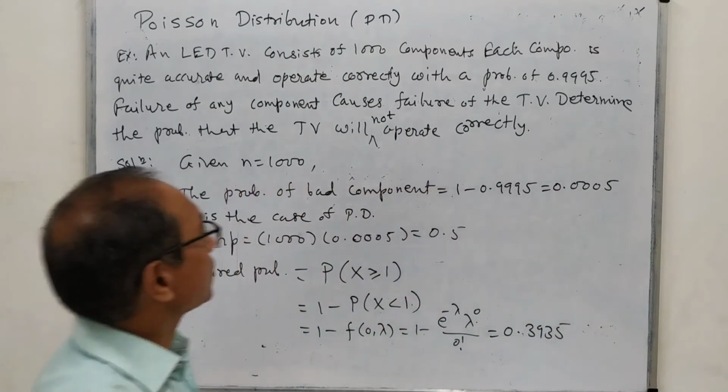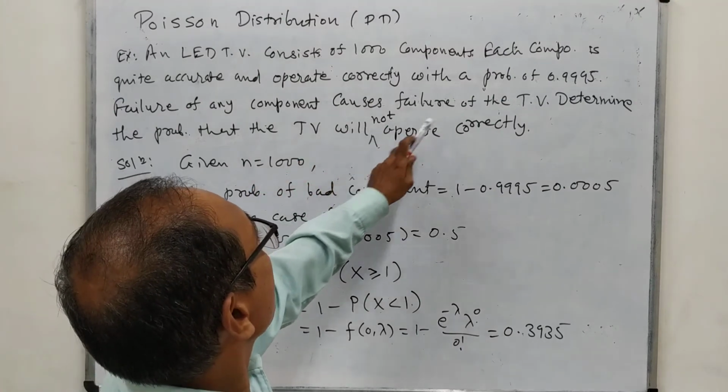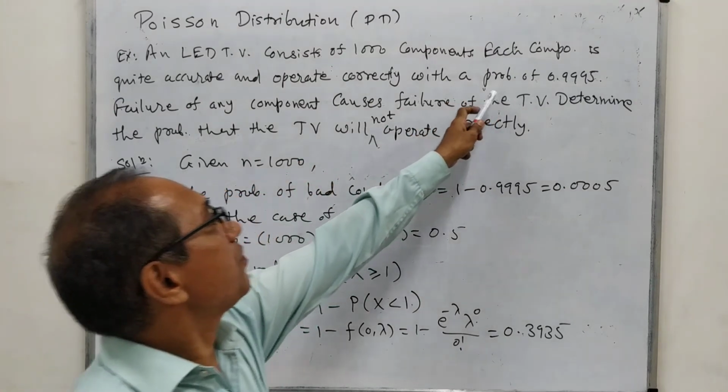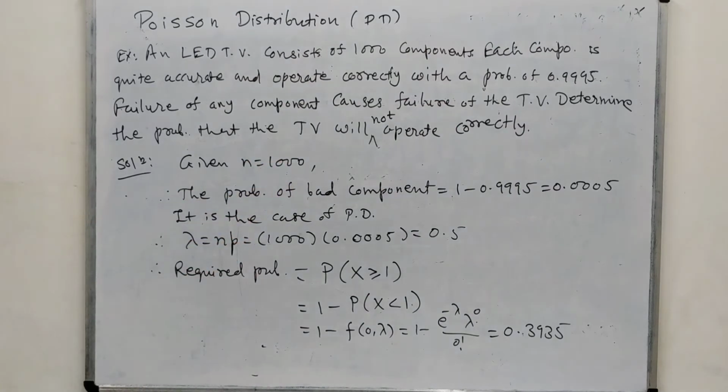This is the required answer. So the answer is very simple, but you should be careful: the TV will not operate, and the given probability is the probability of accuracy, so we go to the opposite side. That means we find the probability of non-accuracy. Okay, and you can also try it yourself simultaneously with me. Let us see another example.